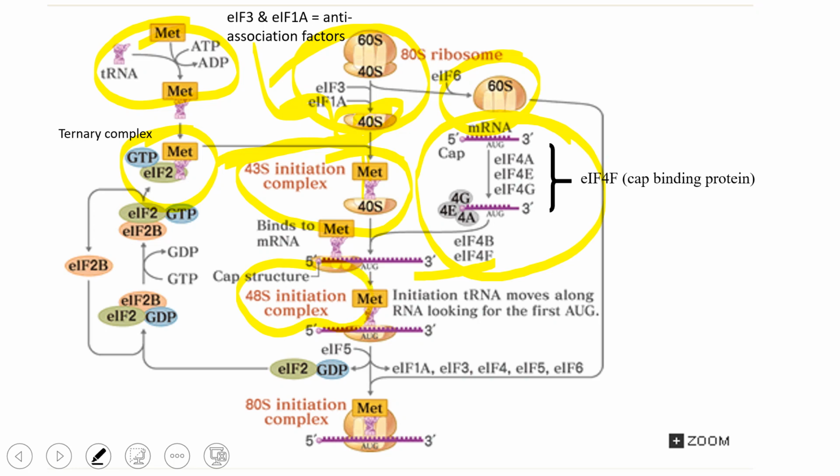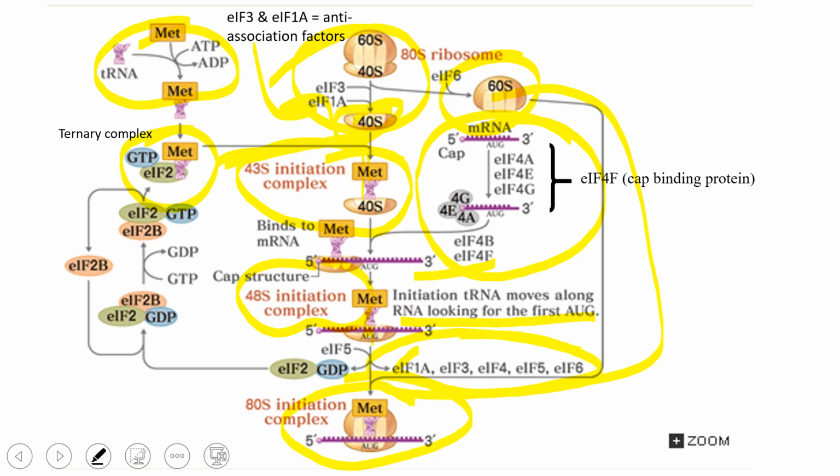Here the tRNA moves along the mRNA looking for the first AUG. Wherever it finds AUG, it will bind. Then comes the 60S ribosomal component, all the factors are released, and ultimately we have 80S. This factor 2 has GTP, and hydrolysis of GTP gives energy. Ultimately it is inactivated and then recycled back to the active form. This is the initiation process.